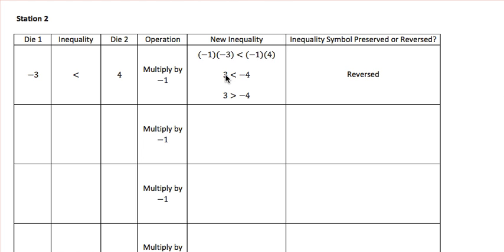So when we look at the resulting inequality, if we kept the sign the same, it would say 3 is less than -4. And that is not true. So we change or reverse the less than sign to make it 3 is greater than -4, which is a true statement. So in our last column, we record that we had to reverse the inequality symbol.